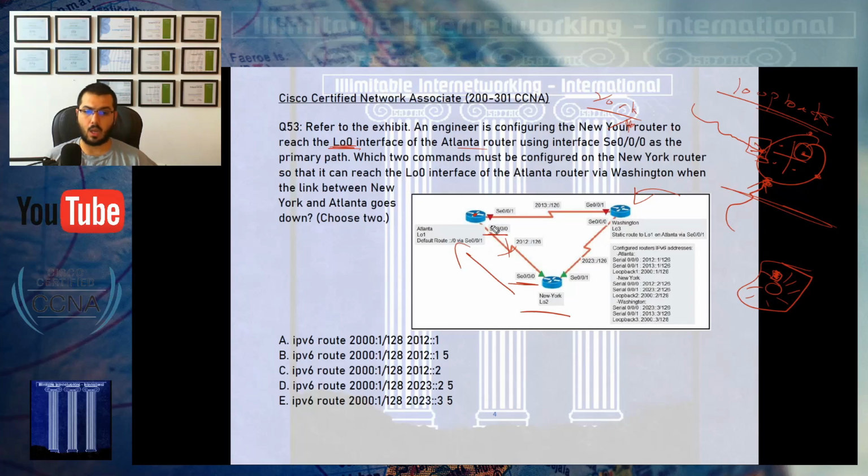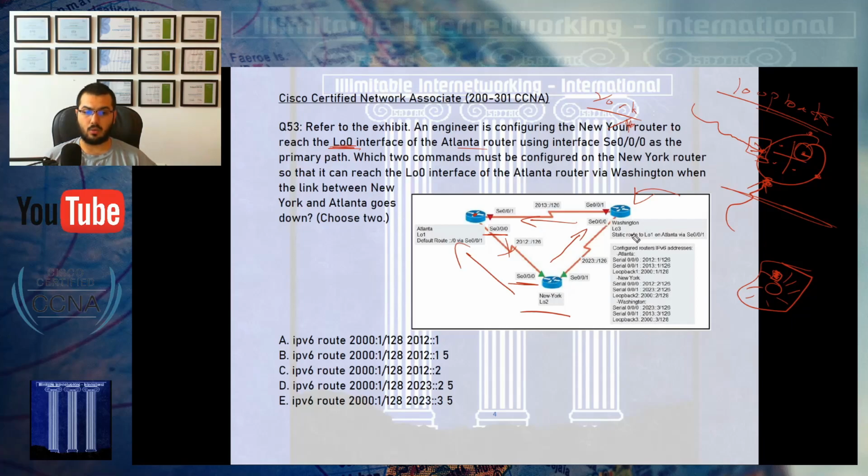It will go down. What you will actually need for this question is to set up an IPv6 redundant static route. Okay, we need to consider English here. So this redundant path, we must configure it inside the New York router.